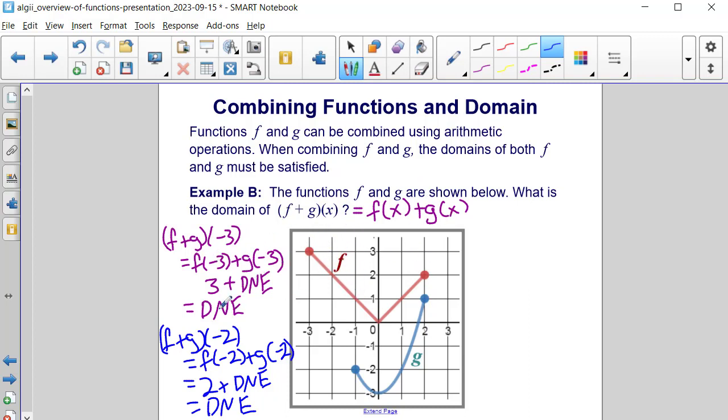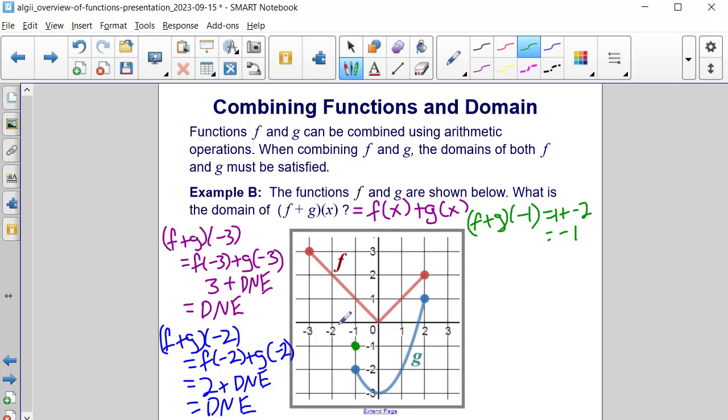Let's try f plus g of negative 1. So if I substitute negative 1 in for f, we'll get positive 1 plus, oh, this time g is a point at negative 1 and it'll be negative 2. So when we evaluate this, 1 plus negative 2 will be negative 1.